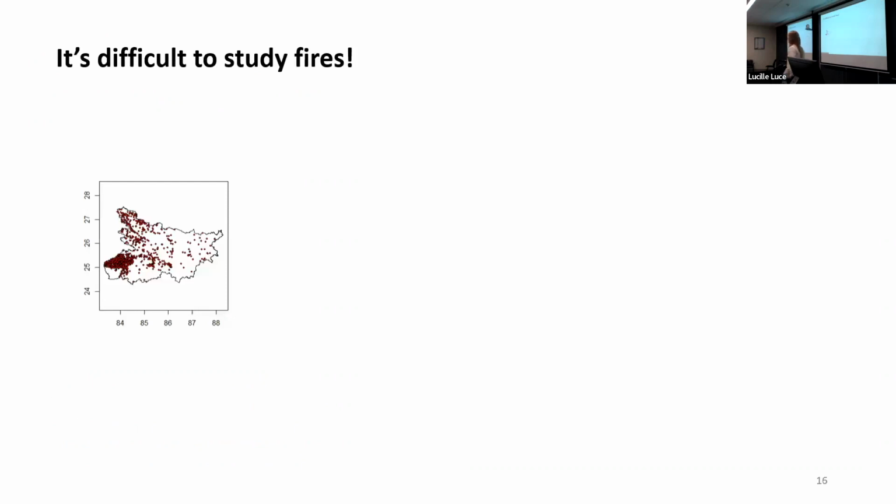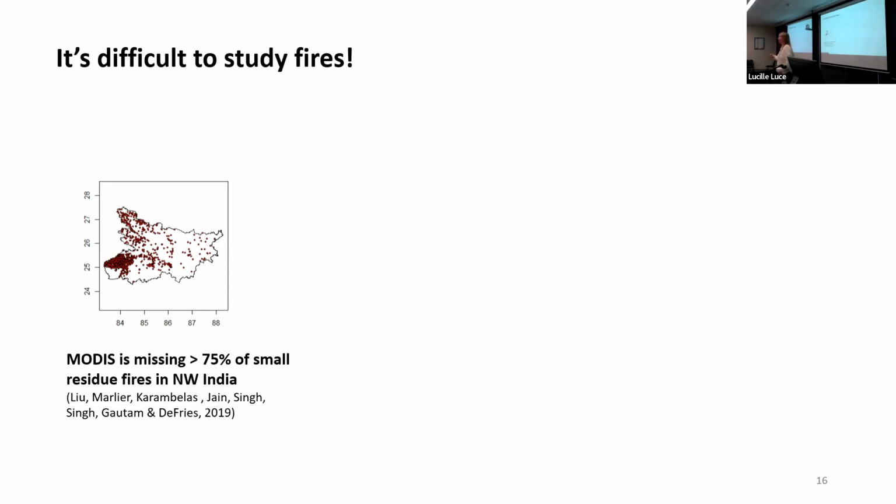And so then we had to go back to our remotely sensed data. And it's difficult to study fires. I showed you this plot earlier. And the reality is this plot, while it has a few fires on it, is missing potentially up to 75% of the small fires. So we kind of know what's happening. It gives us a representative idea across time of the trends, but it's hard to say that a household burnt.